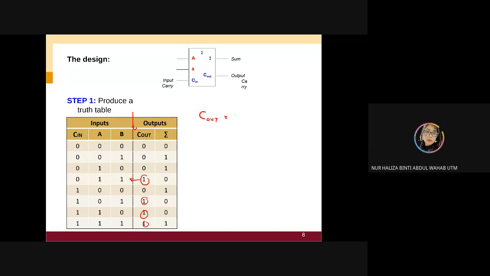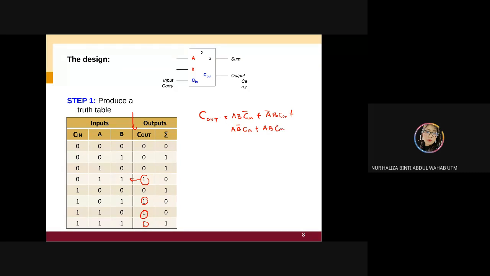I have A B C bar, I make it as C in, plus A bar B C in, plus A B bar C in, plus A B C in.